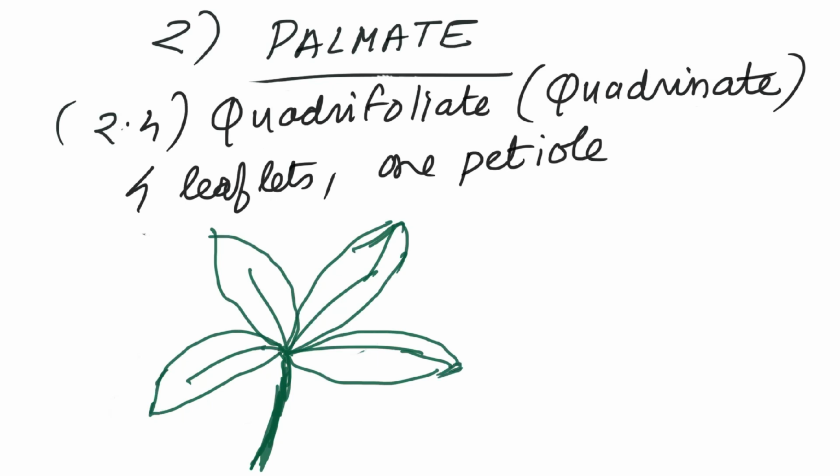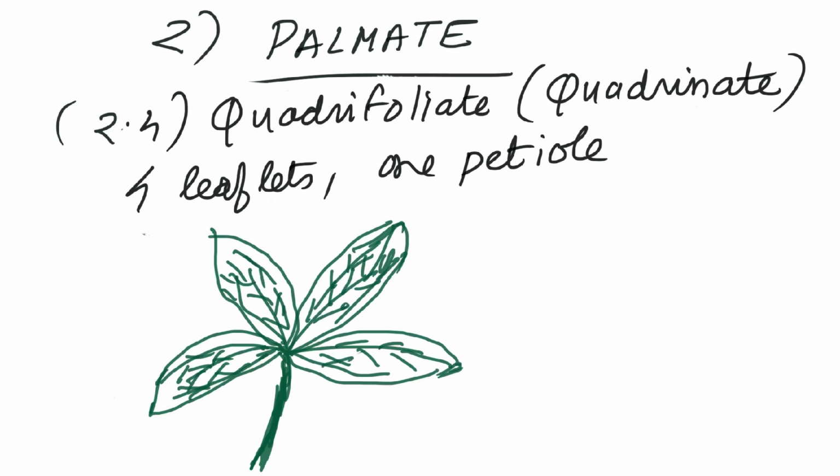As depicted in the diagram, we have four leaves coming from a common tip where the petiole is ending, and because it's a single petiole, we can't call the leaflets leaves. So it's four leaflets developing at the tip of a common petiole. That's the fourth subdivision under palmate, quadrifoliate or quadrinate.